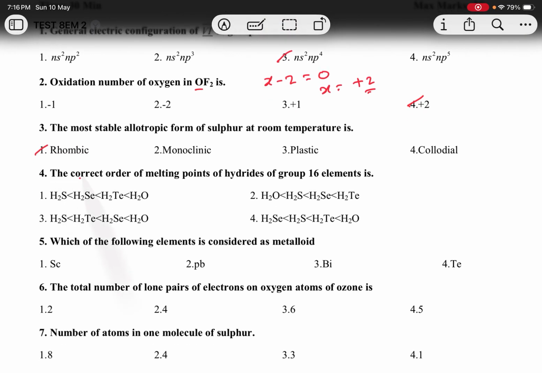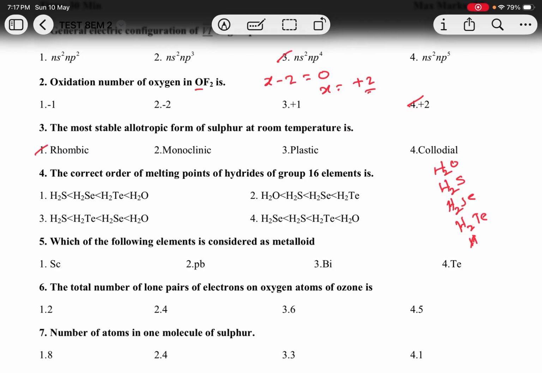Next, fourth one, the correct order of melting points of hydrides of group 16 elements, that is H2O, H2S, H2Se, tellurium and polonium. Okay. Here the melting point of the hydrides generally increases from top to bottom.